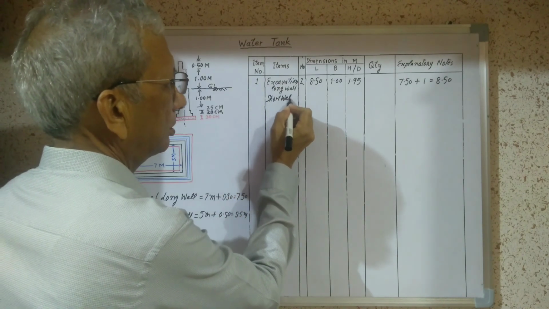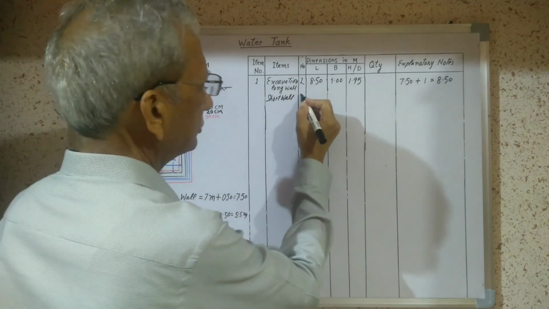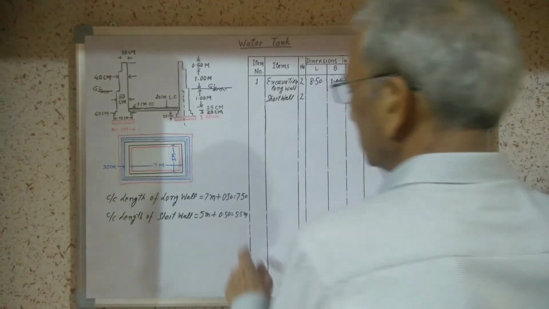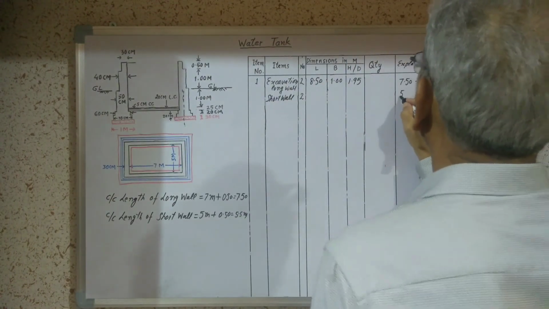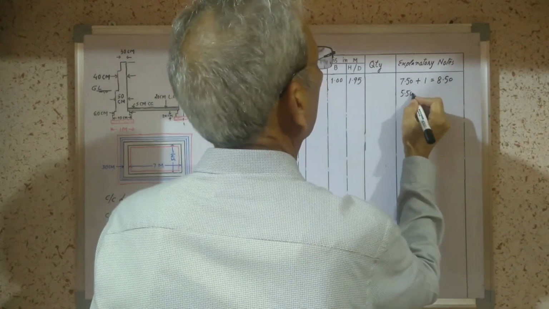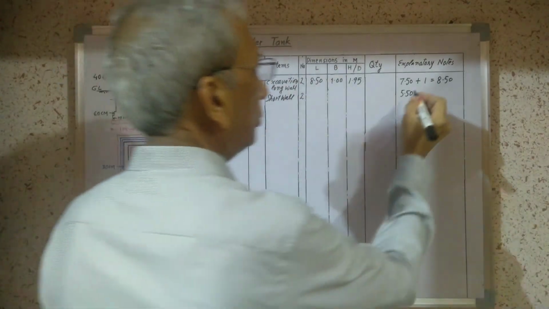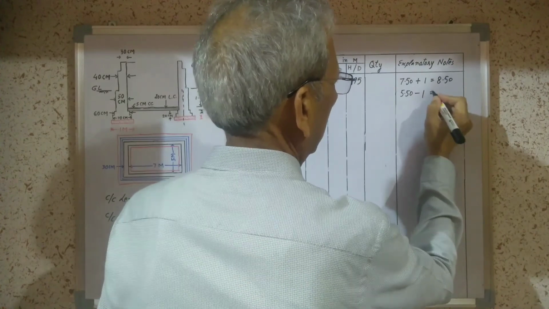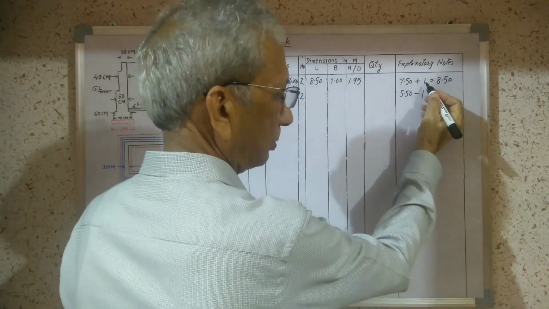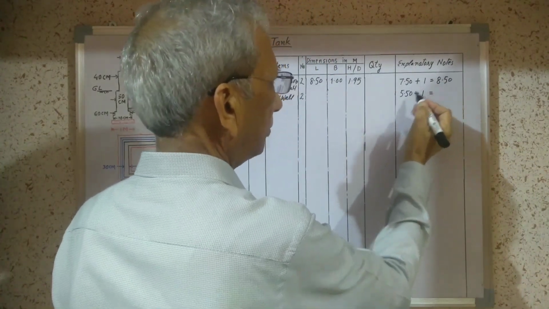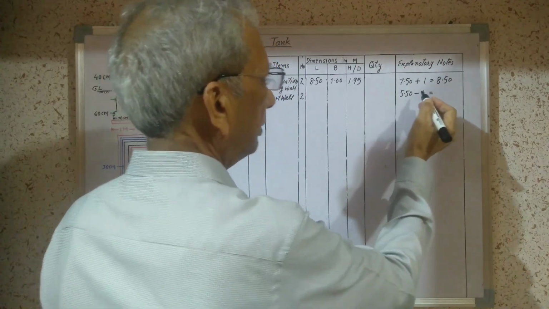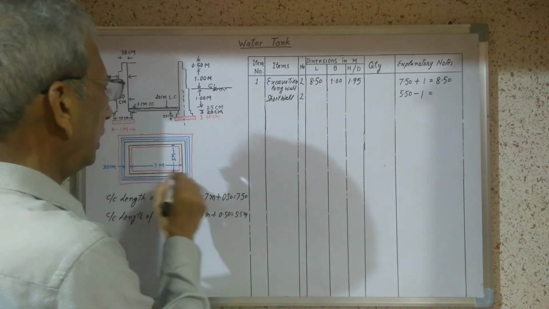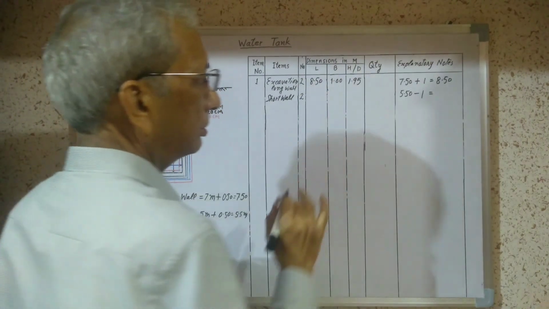Short wall, there are two number of short walls, and length, center to center length 5.5, we will deduct 1 meter. In case of long wall, we add 1 meter, but in case of short wall, we deduct 1 meter because these corners have been accounted for in the long wall.